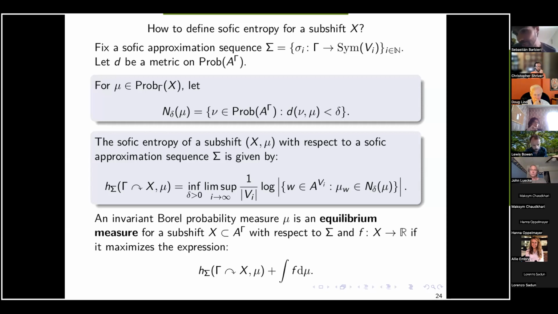Now that I have this definition, I'm going to say that an invariant Borel probability measure is an equilibrium measure for a subshift with respect to a sofic approximation sequence and a function if it maximizes the sofic entropy plus the integral of the function. So after all this work is done, I managed to define the equilibrium measures for subshifts on sofic groups. Sorry if this was too long.